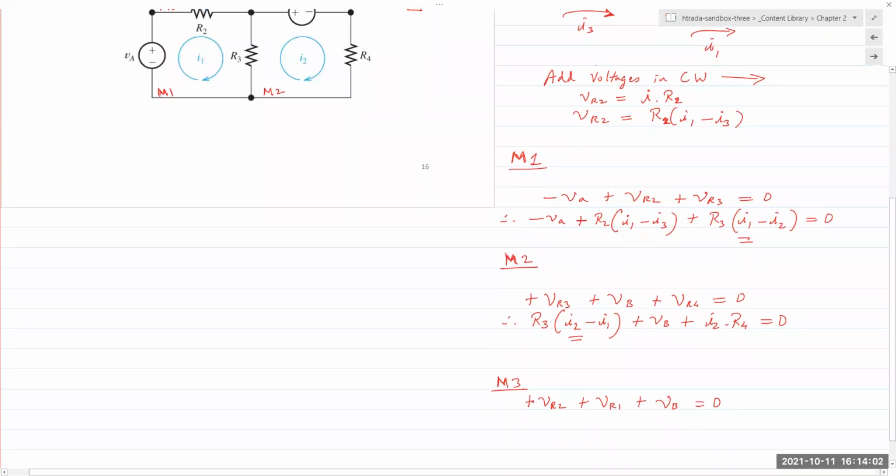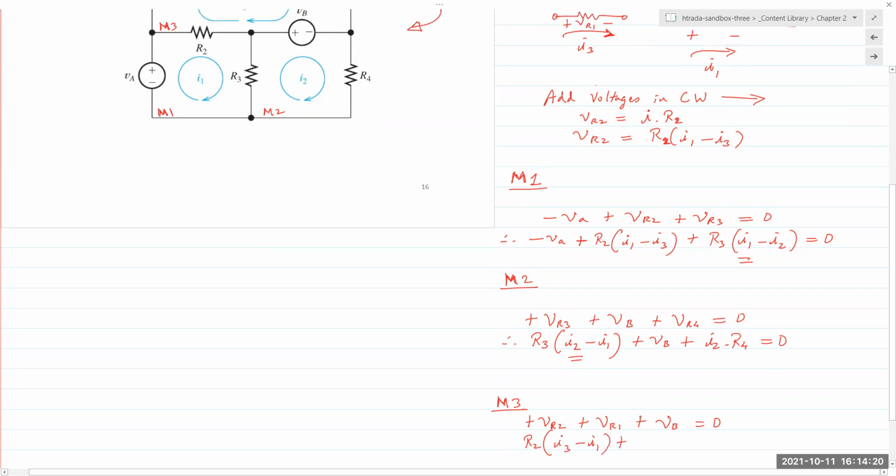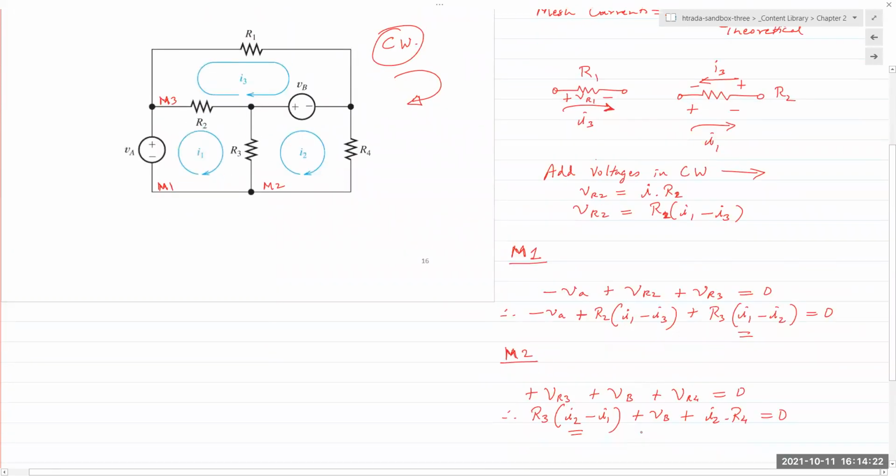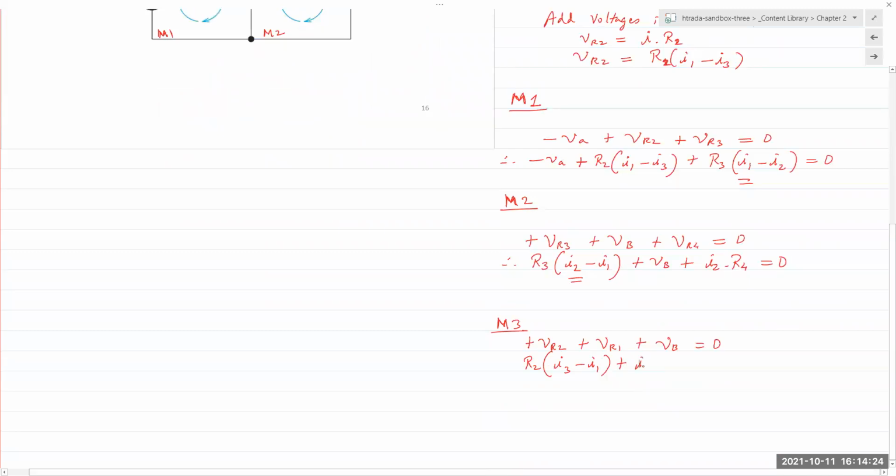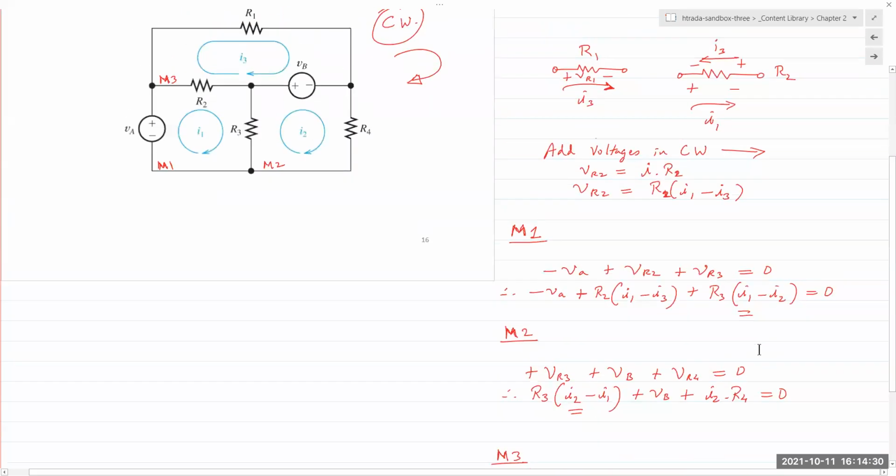Positive for all. VR2 is now going to have KVL and I3 flowing in the same direction. And so VR2 is going to be R2 into I3 minus I1 plus VR1, which is not shared, right? So it's simply I3 times R1 plus VB is equal to 0.